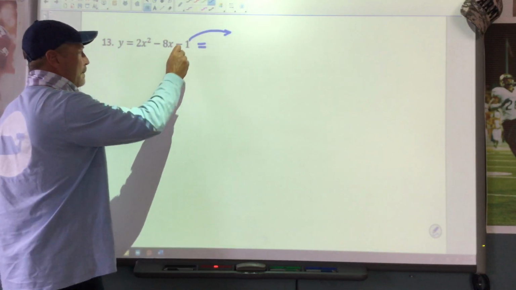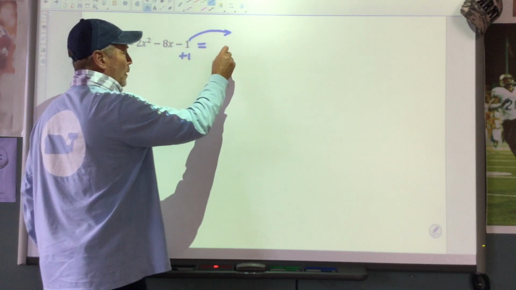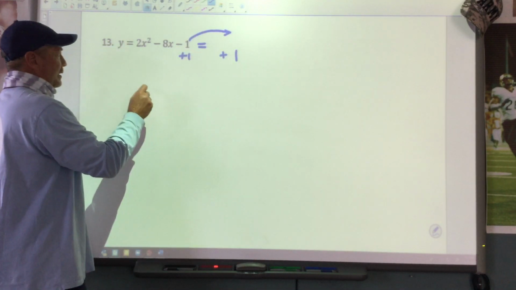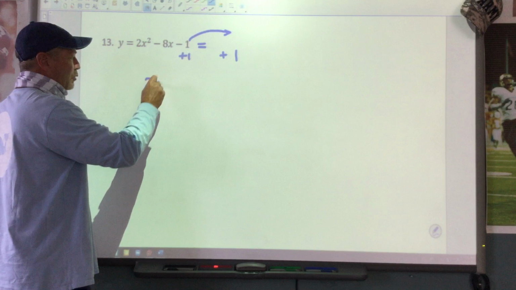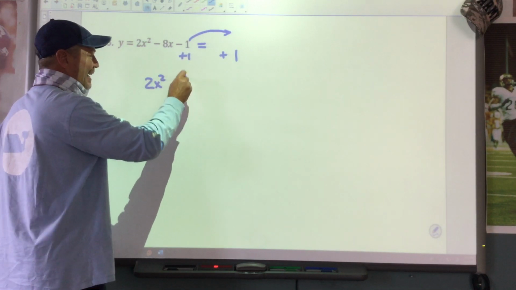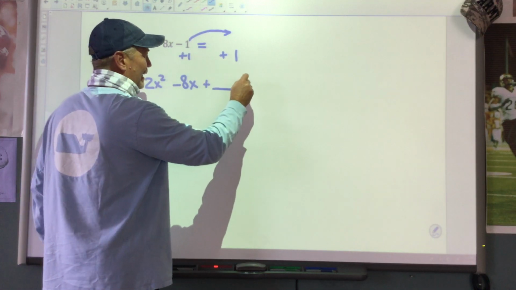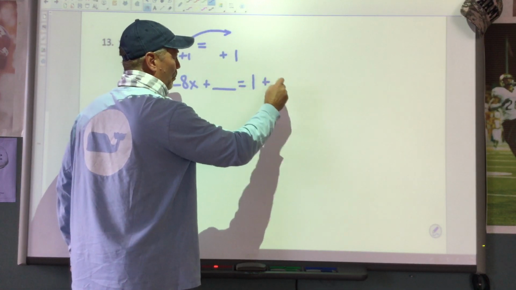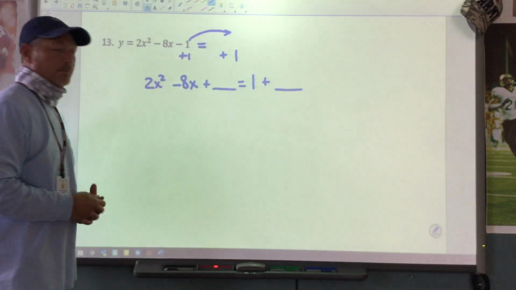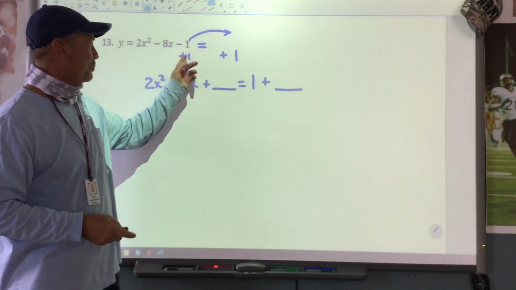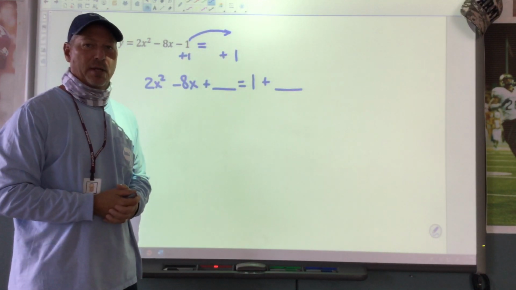We're going to go plus 1, plus 1. I get 2x squared minus 8x plus blank equals 1 plus blank. Same thing, just move it to the other side, create a blank.